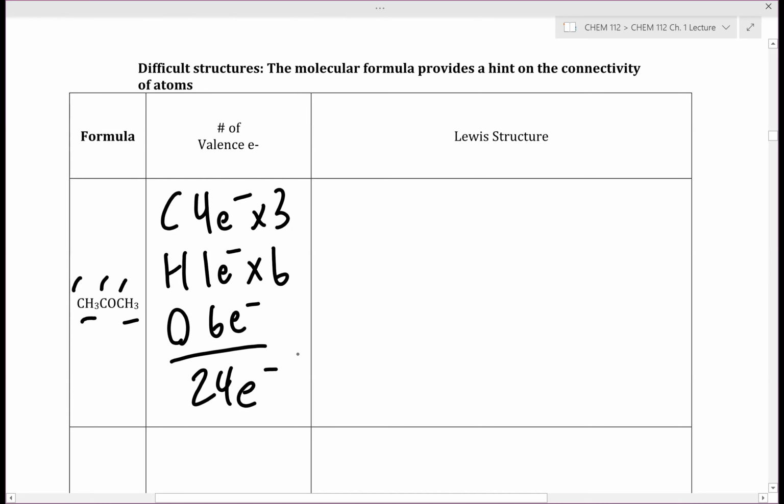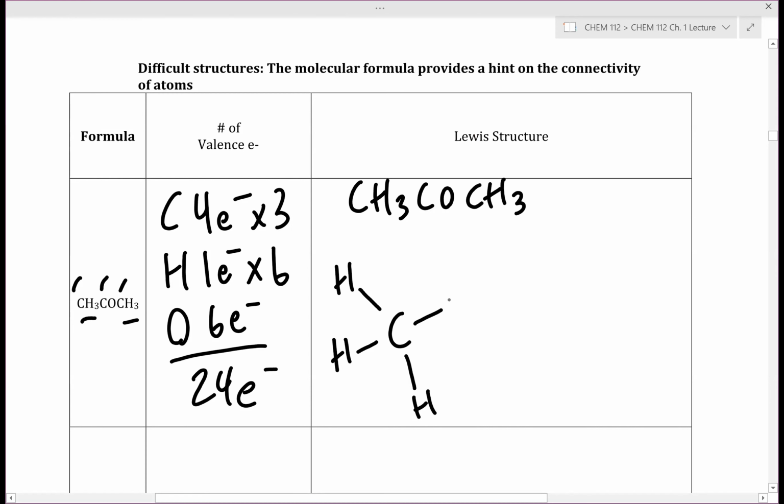Now, following our guideline from the formula, our formula is CH3COCH3. So what's our first structural feature? Exactly right. Carbon bonded to 3 hydrogens. What's our next structural feature? Carbon, yep. And what is bonded to that carbon? Oxygen, yep.